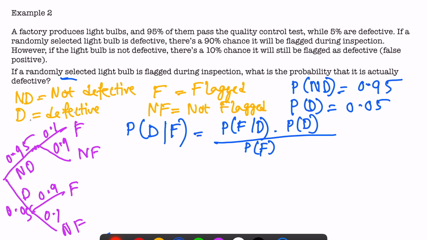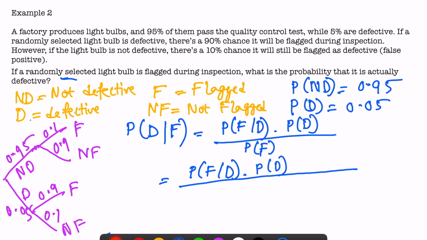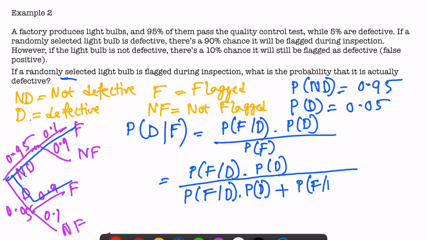But now we see from the previous formula that numerator remains same, but the denominator, probability of F, can be written as probability of flagged given defective multiplied by probability of defective plus probability of flagged given not defective multiplied by probability of not defective.